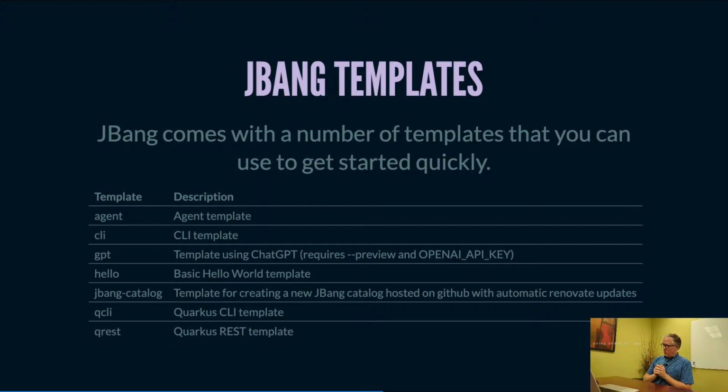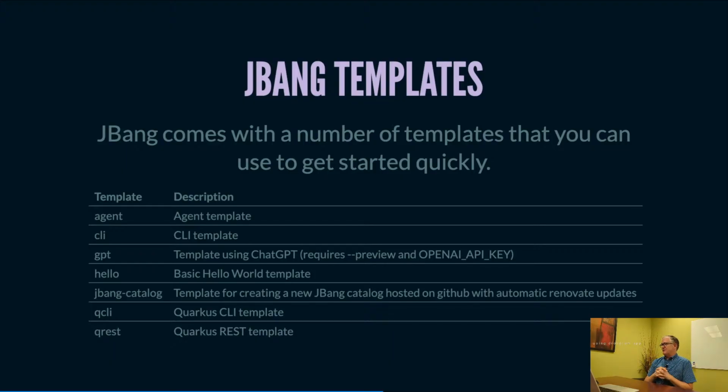The CLI template we're going to use tonight. GPT, if you want to write a script to interact with GPT, that will set that up for you. Hello is your basic Hello World template. JBang catalog, I did run this one. We'll get into catalogs in a little bit. It created a JSON file with an empty JSON object. It was really underwhelming, so I'm not sure what that template really gets you.